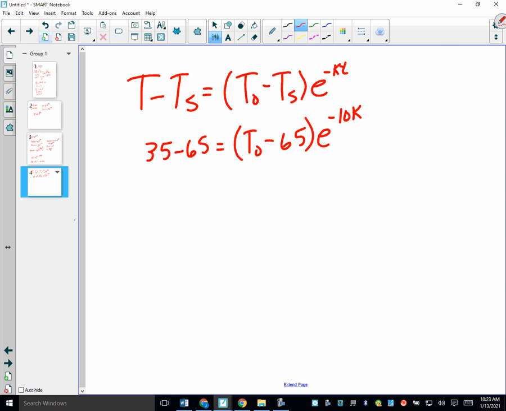Is this another one like the one we just did? Right, so let's go back. If I let the original temperature be 35 and my new temperature be 50, could I find K? Does that make sense to you? So we're gonna do two. It would still be 10, right?